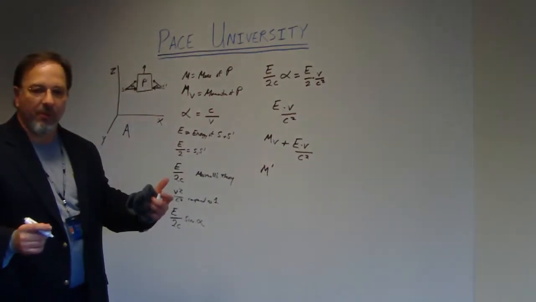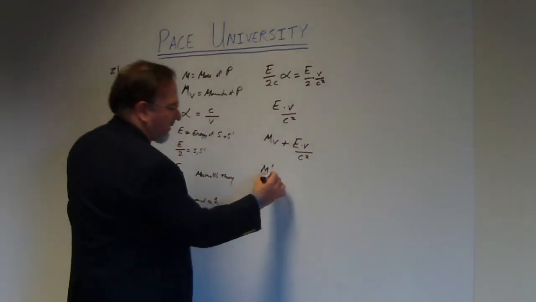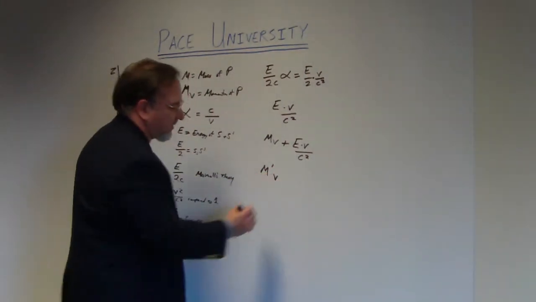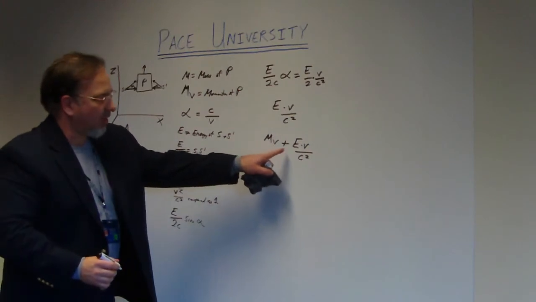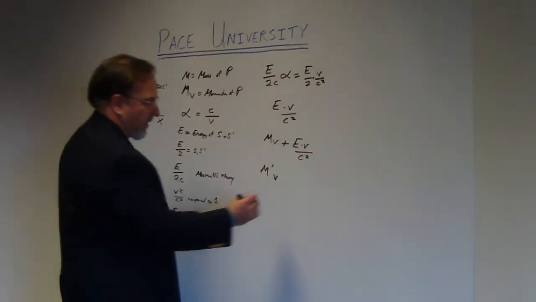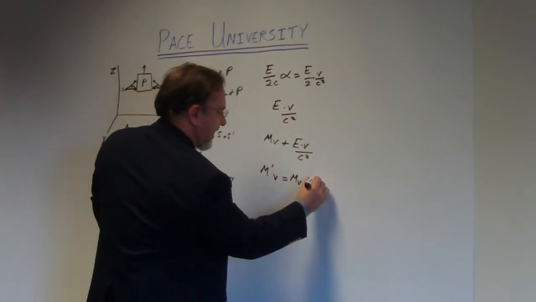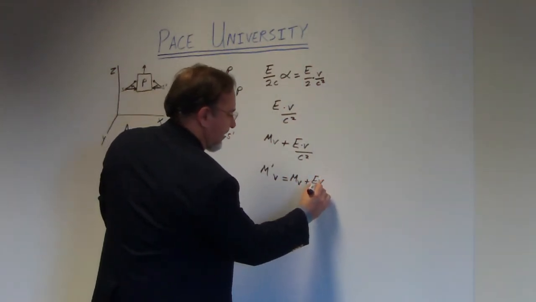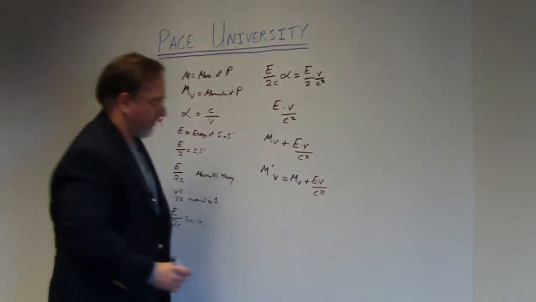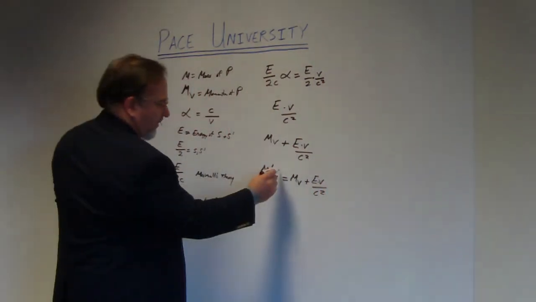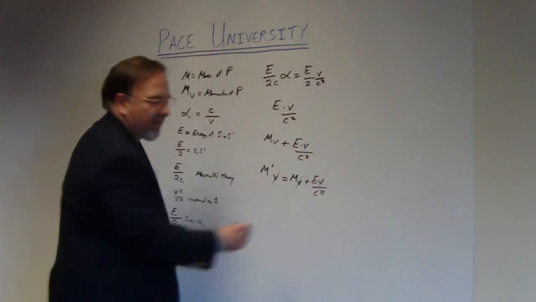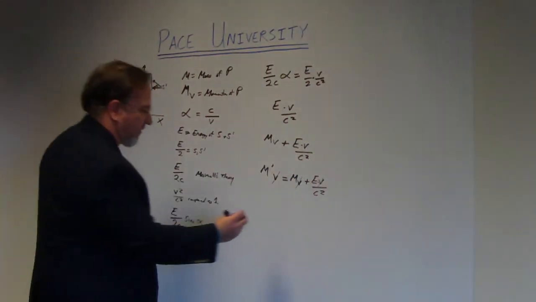Then we know the new momentum of that mass is m prime times its velocity, which equals the total momentum of what it absorbed, equals mv plus Ev over c squared. In which case we can simplify the equation by removing the v components.